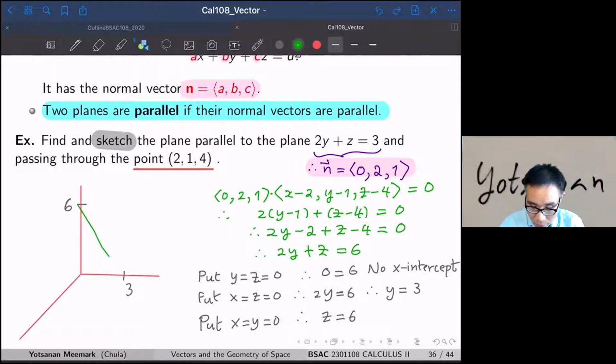So it's going to be just one side like this one. Let me fix my pencil a little bit.